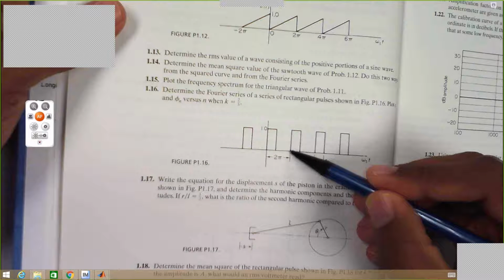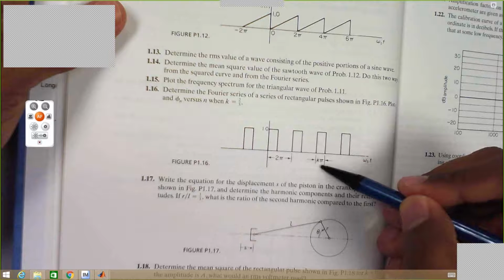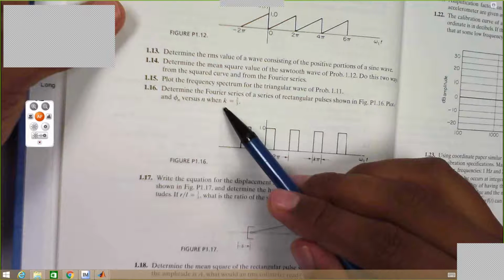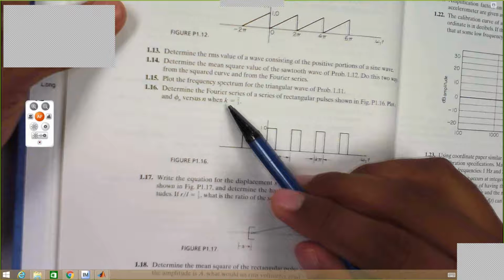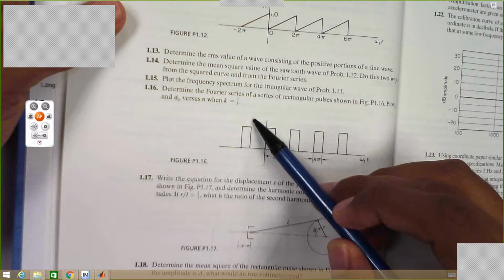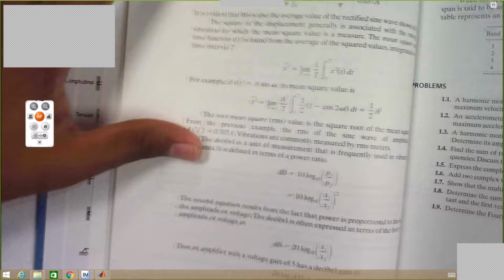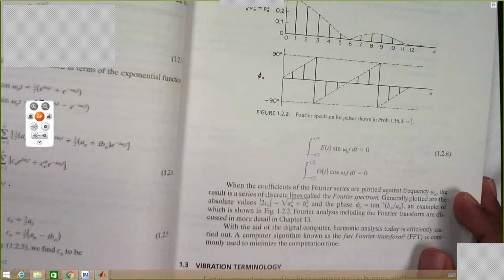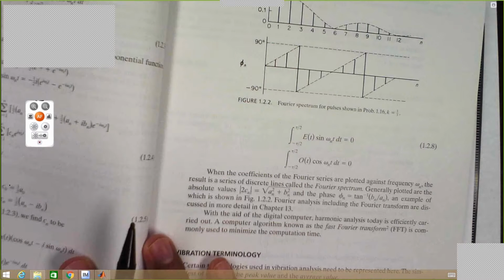That k times pi is given by the value of k, which in this problem they want you to solve for k equal to 2 by 3. But in the example shown in the other figure, they are using the value k equal to 1 by 3. I don't know if that's clear enough. Let's try to zoom.